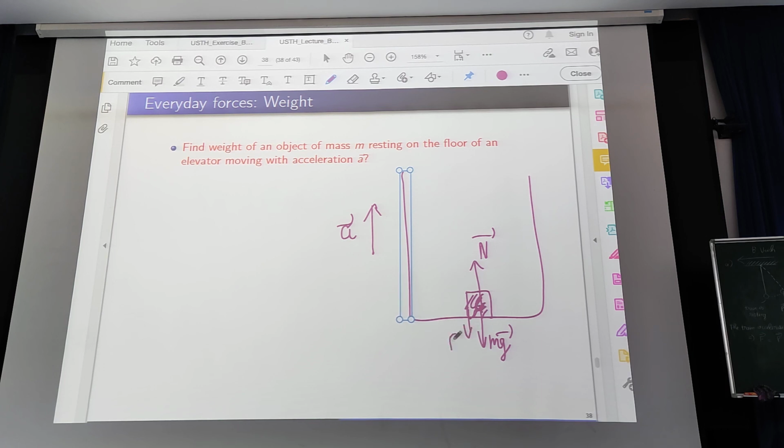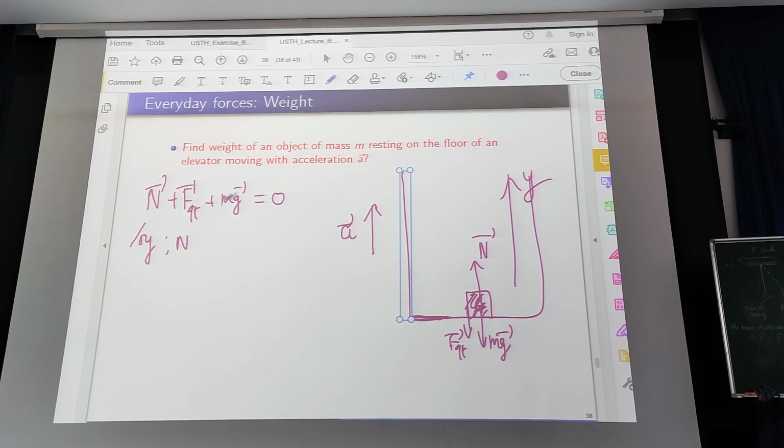So you have N plus mg plus the inertial force is 0. And then now you project on Oy. Project on Oy, what do you have?